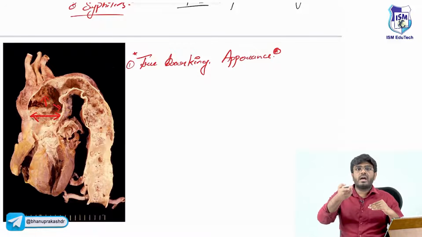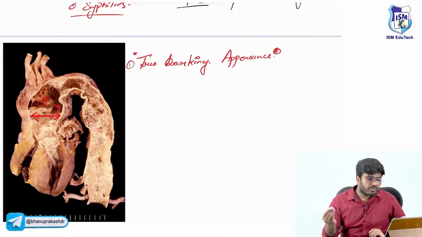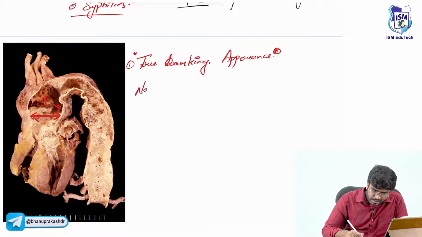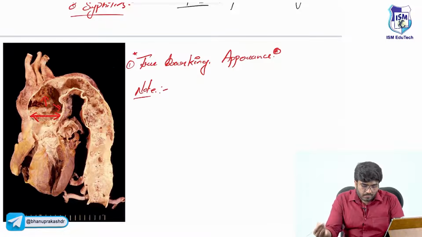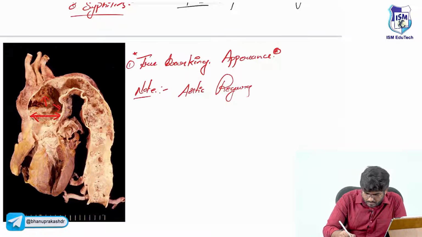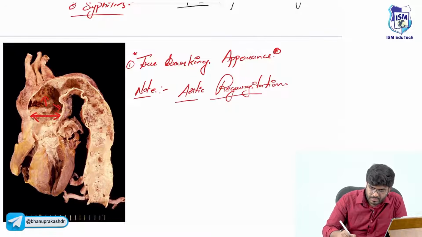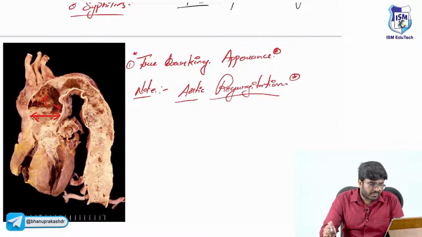Blood will enter the aorta and then fall back down into the left ventricle. So in the aneurysms seen in tertiary syphilis with aortic root dilation, there will be aortic regurgitation. That's the one thing I want you to know.